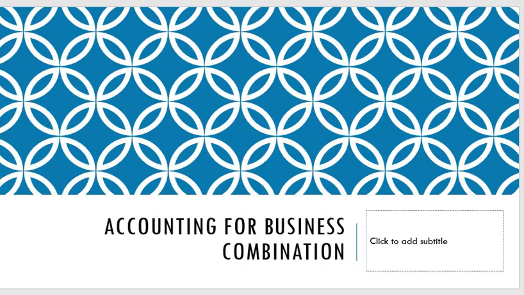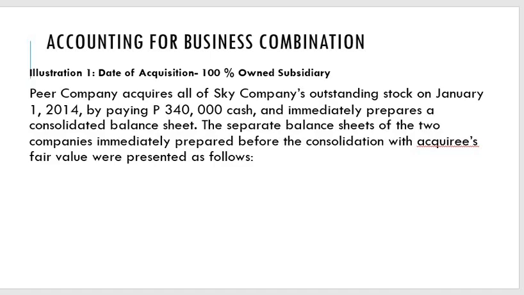So we have here our first illustration. Peer Company acquired all of Sky Company's outstanding stock on January 1, 2014 by paying 340,000 cash and immediately prepares a consolidated balance sheet. The separate balance sheets of the two companies immediately before the consolidation, with the acquiree's fair values, are as follows.